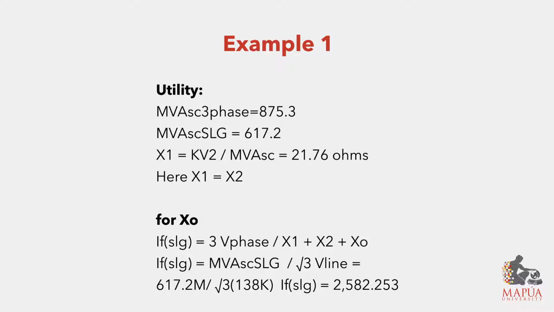Now, to compute for the zero sequence reactance, let us consider the fault current for a single line to ground fault. That is equal to 3 times the phase voltage divided by the sum of the positive, the negative, and zero sequence reactances.